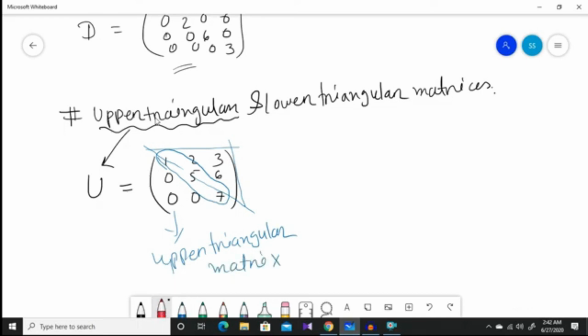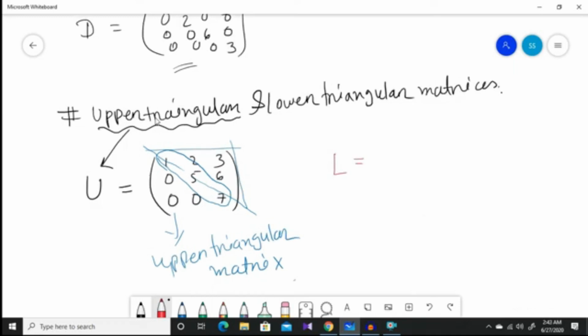And let's denote our lower triangular matrix by L. So we are again taking an example of a 3 by 3 matrix, and a lower triangular matrix of order 3 by 3 will look something like the following. Again, notice that we are taking a 0 in our principal diagonal, but it won't matter because as I write the next elements you will understand why.